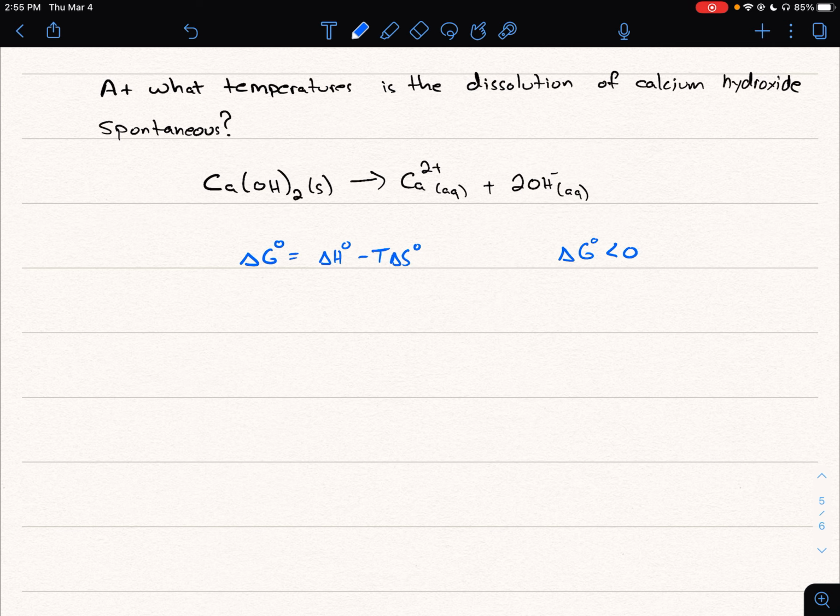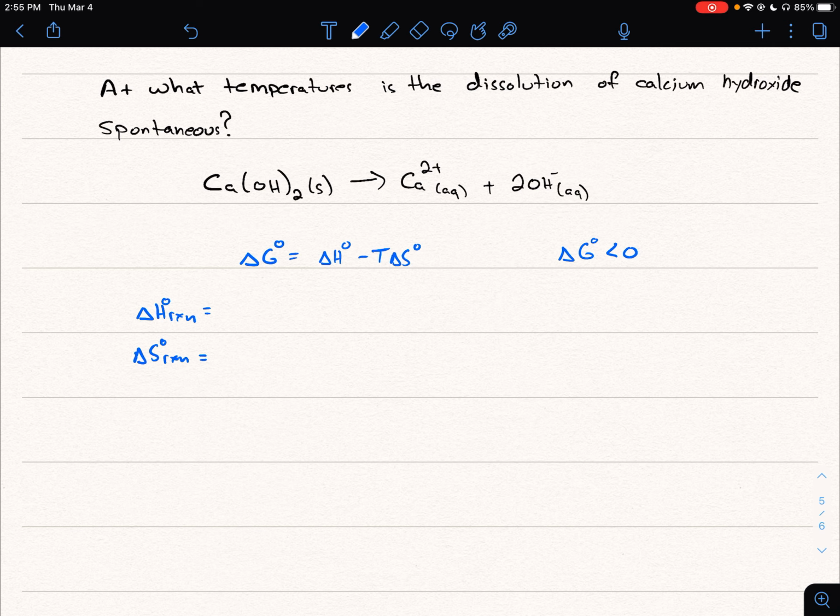Now, in our previous problem, you may recall, and if not, you can go back and watch, we actually calculated what delta H is for this reaction and what delta S is for this reaction. So here, I'll just record these numbers.